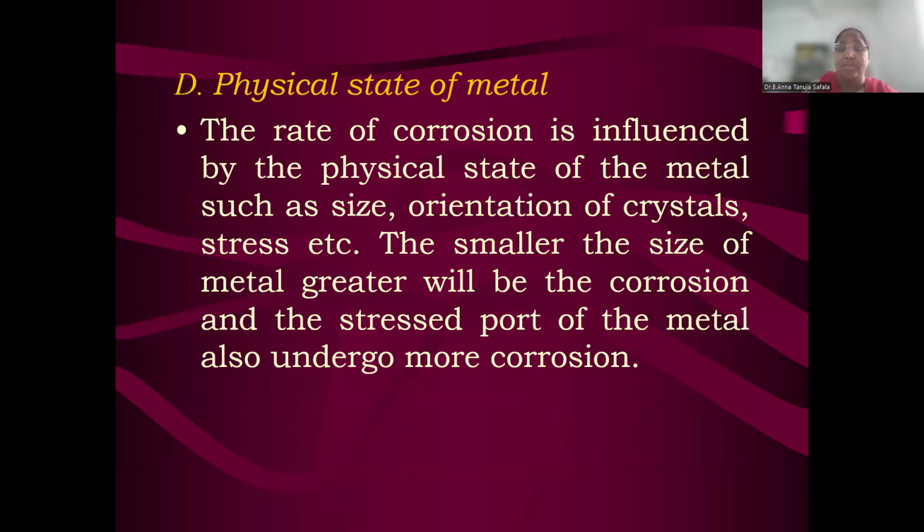If we come to grain size, smaller grain size will provide more surface area to get exposed to the environment. Hence, the rate of corrosion would be greater. That means the rate of corrosion would be greater if the grain size is small. Similarly, if a metal has stressed portions, the stressed portions will accelerate the rate of corrosion.